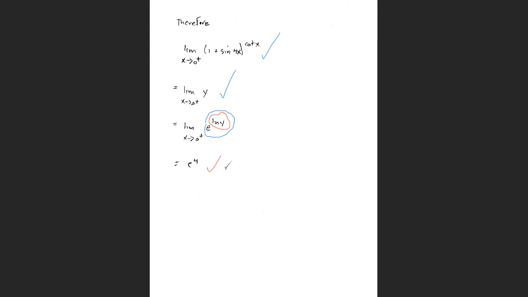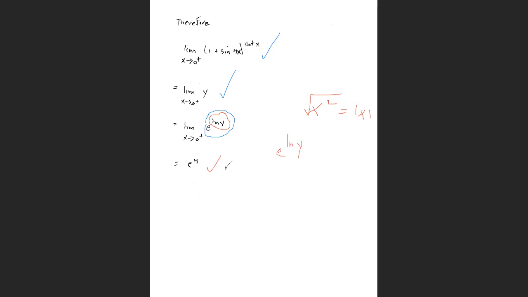Could you really quickly say why it can be written as e to the log of y? For some reason, I'm blanking. Well, exponential and log functions are sort of like if you had the square root of x squared. That equals x. Actually, it's the absolute value of x if I want to be right. But the point is they're inverse functions. The exponential function and the natural log function are inverse functions.